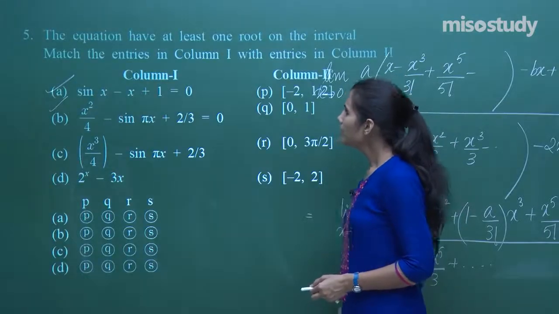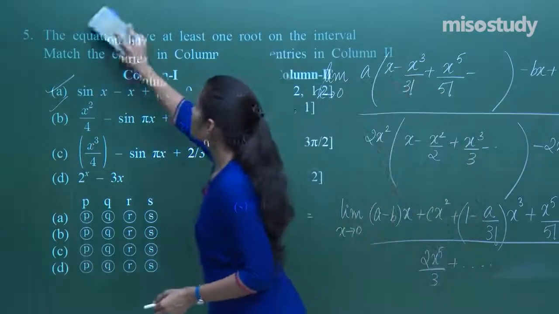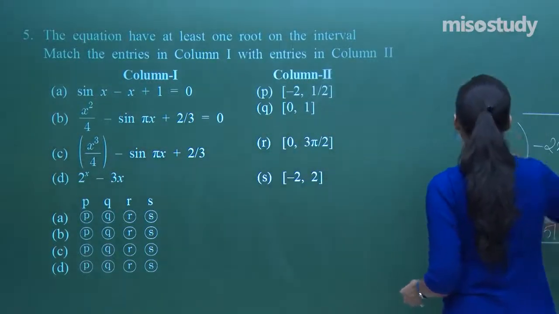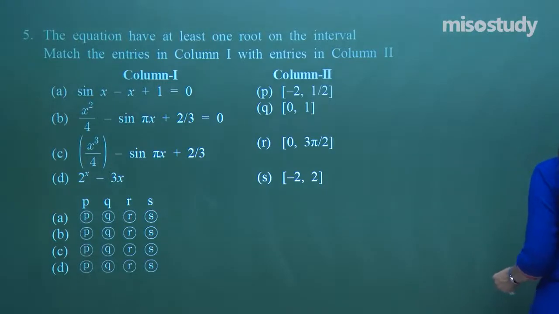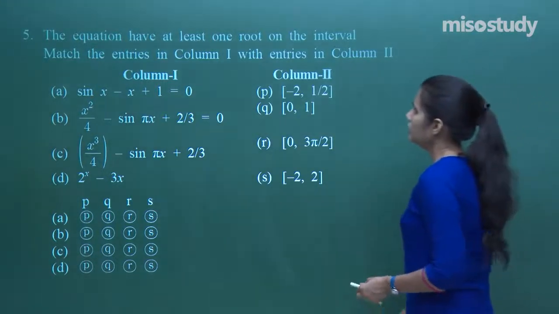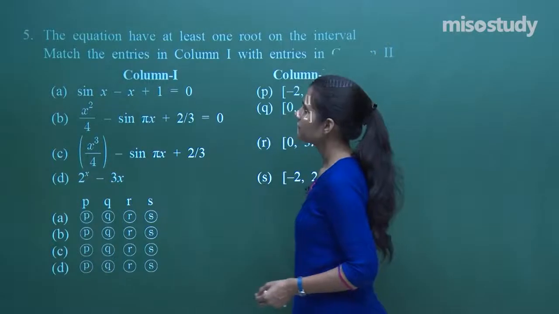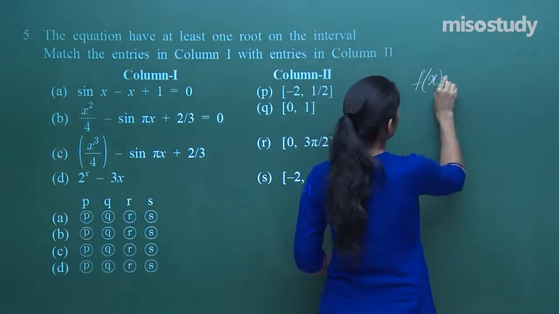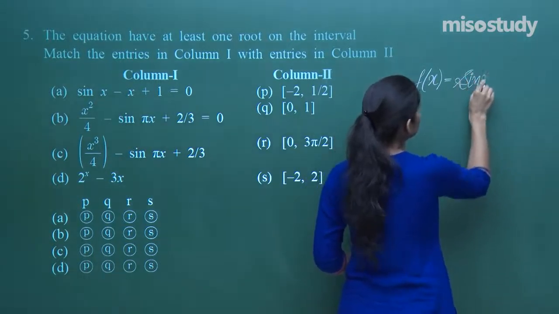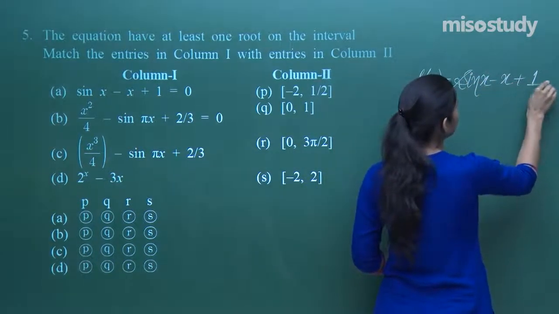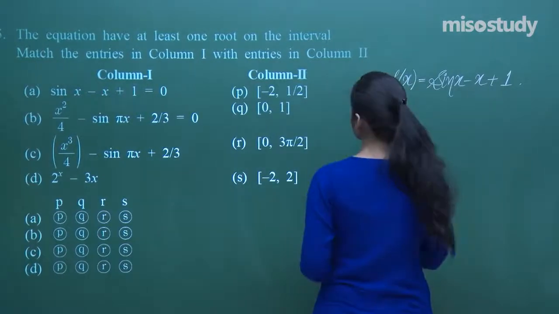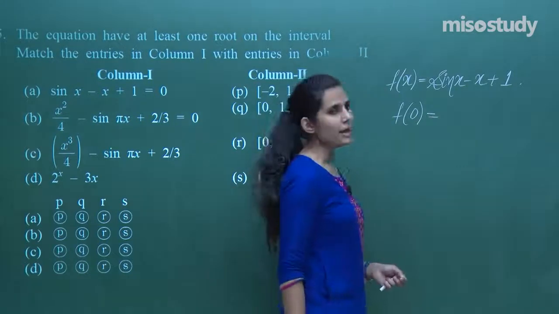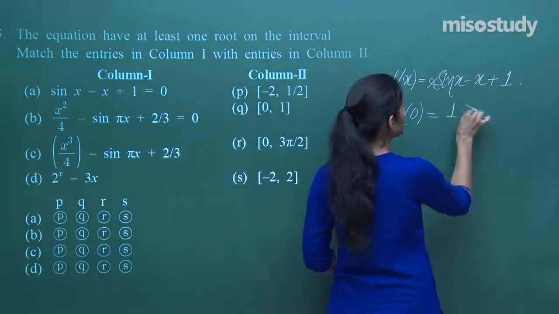We have the equation has at least one root in which interval. So this equation is given to you, this has one root in which interval is the question asking. If I talk about this function sin x minus x plus 1, if I take that as f of x, then f of 0 is sin 0 minus 0 plus 1, which is 1, that is positive.